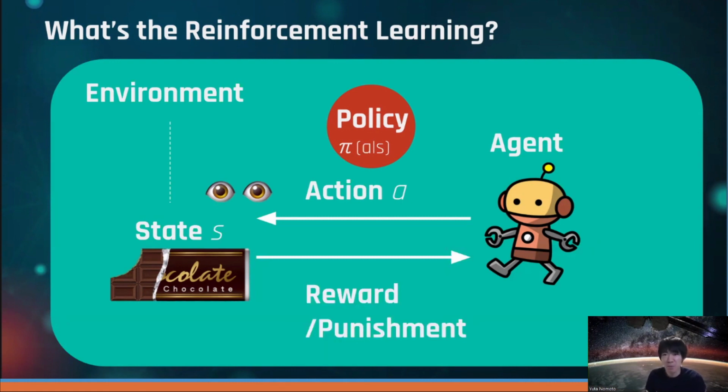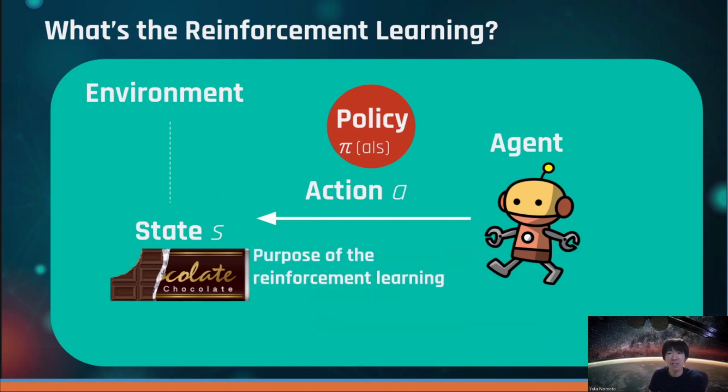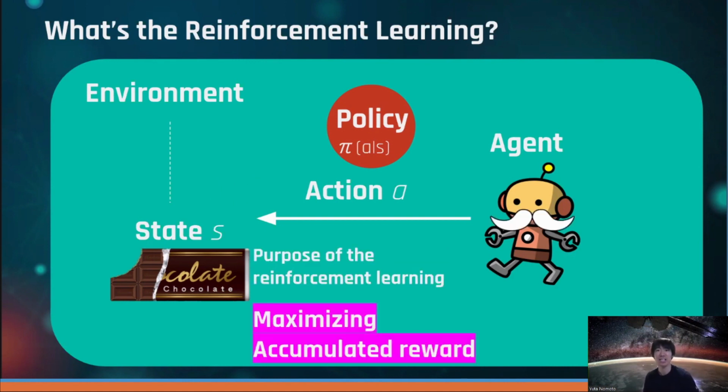Then the environment will return a reward or punishment depending on the action. This reward is called immediate reward. There is another reward called accumulated reward, which the agent will get in the future as a result of actions. So the purpose of reinforcement learning is maximizing accumulated reward.